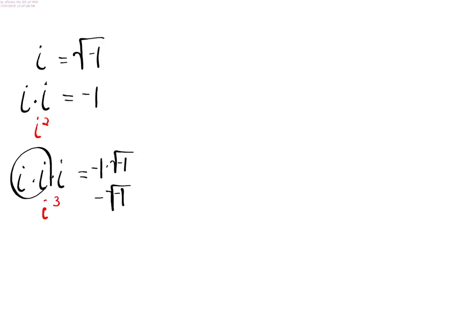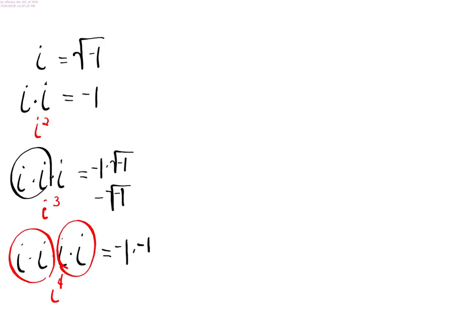Now we go to i to the 4th power. Remember, this is i to the 4th power. That means I have -1 times -1, which magically, when we type that in our calculator, we'll get +1.